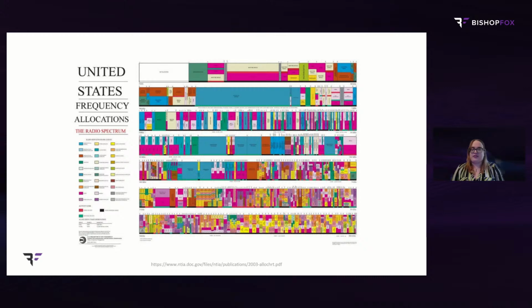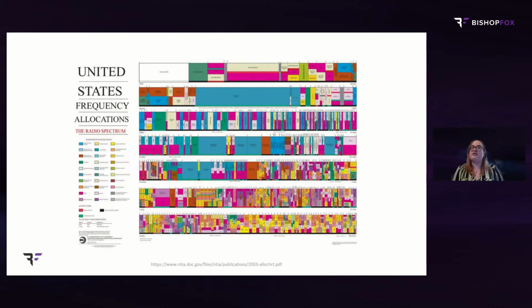So let's dive into this chart, which is probably hard to see. So I'm going to zoom in here for a second. But the United States actually has allocated bands for radio frequencies, with specific purposes of what those are and what can be done on them. There are specifics that are reserved, so for government use only, or for specific purposes. There are some for amateur radio, or if you're familiar with ham radio, that spectrum would belong to it.